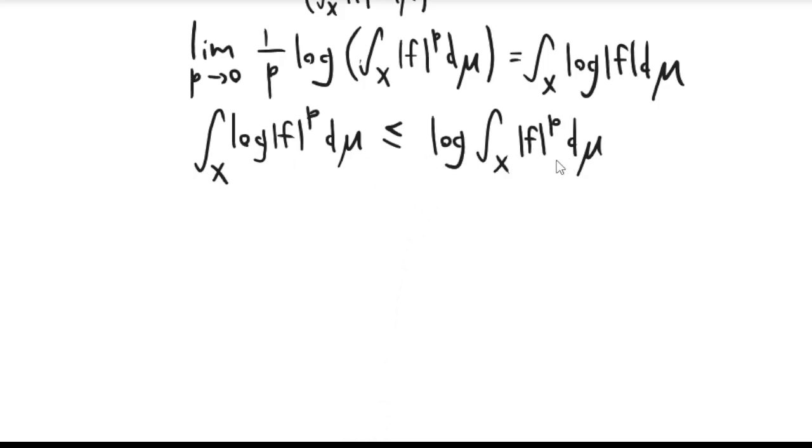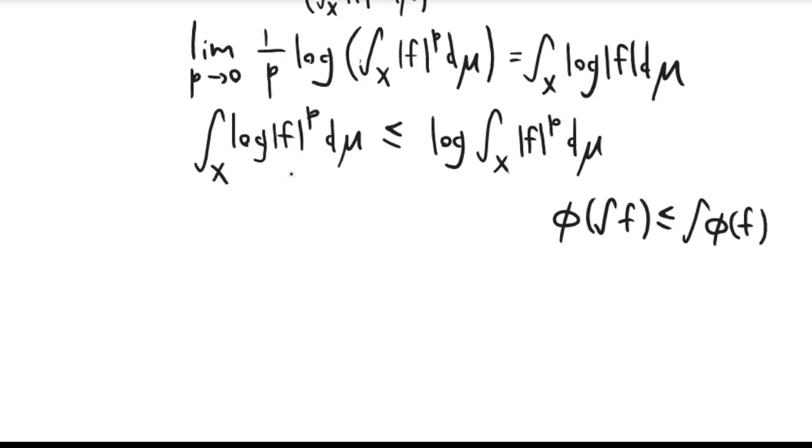If you have a convex function, phi of the integral of a function is bounded above by the integral of phi of that function. So that's Jensen's inequality for a convex function. This is Jensen's inequality for a concave function instead, namely log of x.